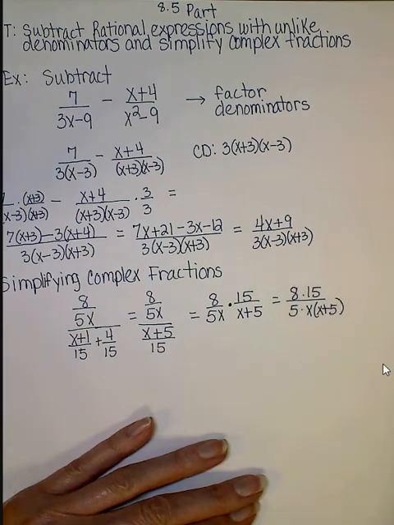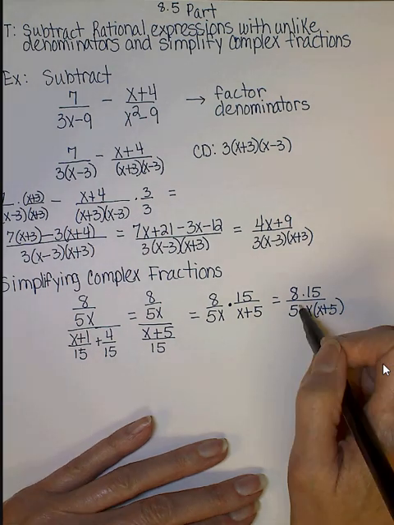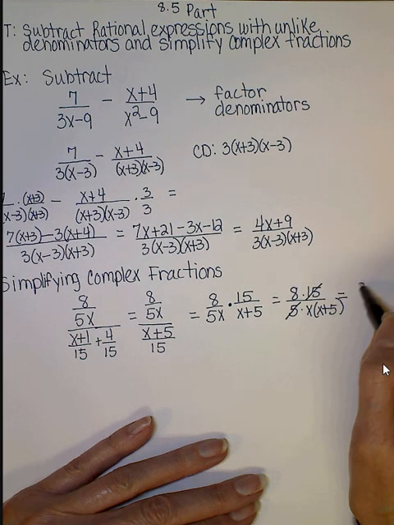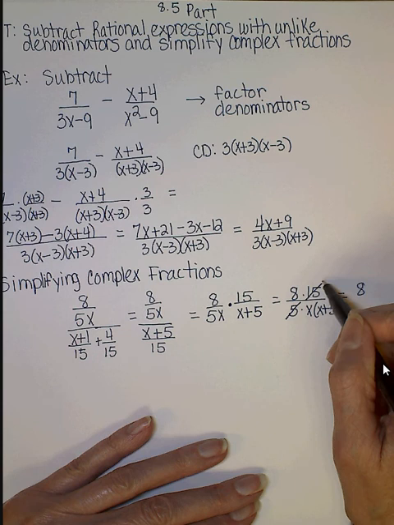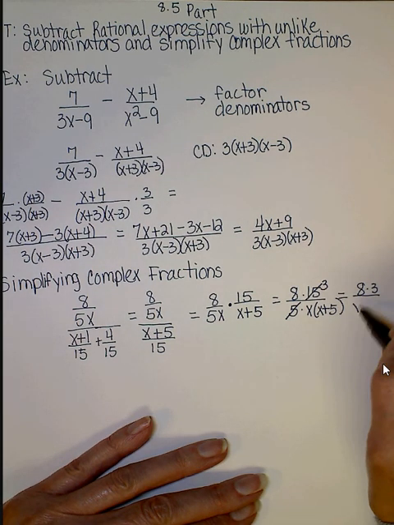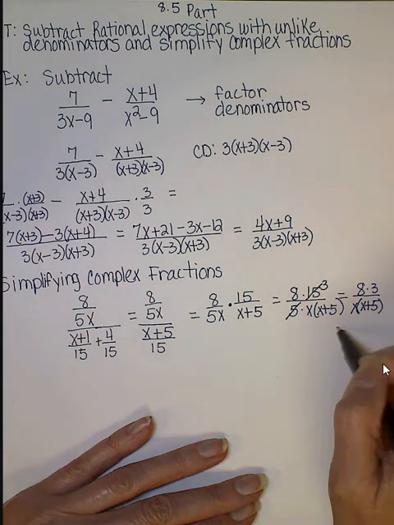Might look kind of weird, but I wrote it like that because I can reduce these two fractions here. And 5 goes into 15 3 times, and then I'll just have 8 times 3. Okay, one more step.